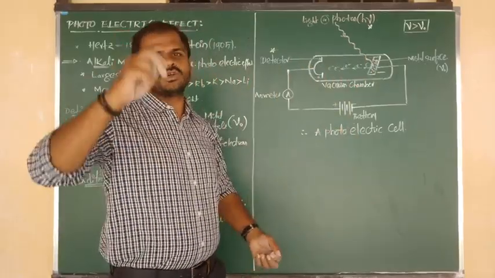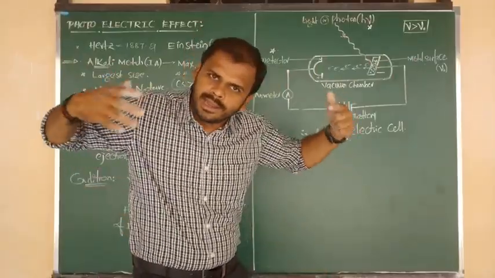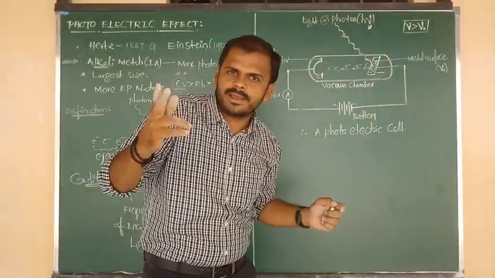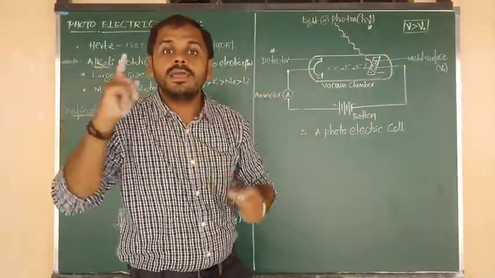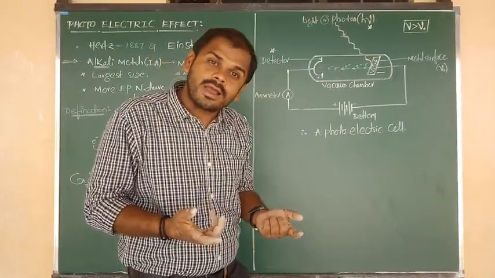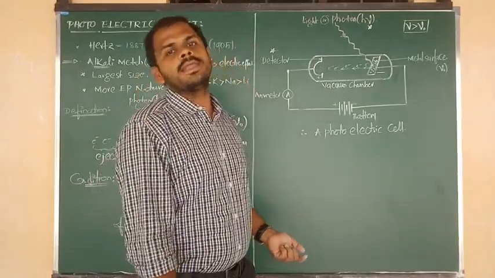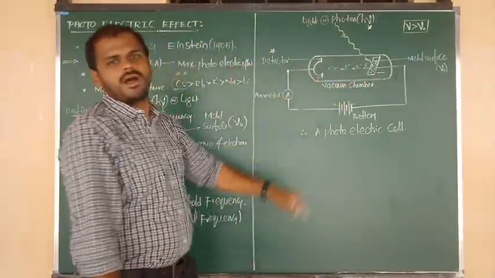So the remaining energy of the photon will be released, and we can say that it will appear in the form of kinetic energy. In the form of kinetic energy of what? In the form of kinetic energy of ejected electrons.